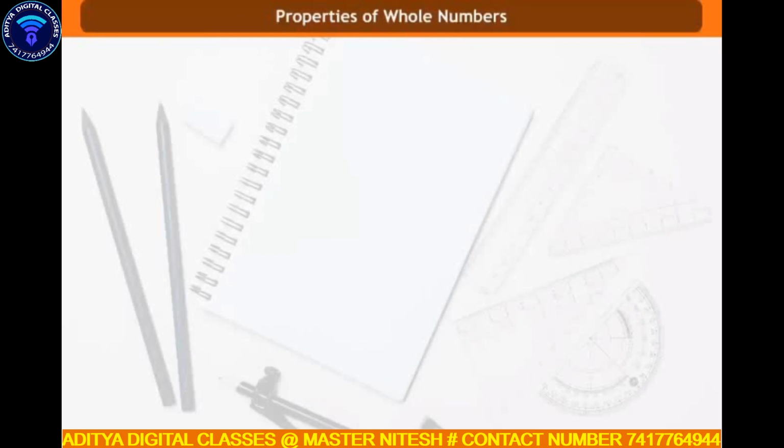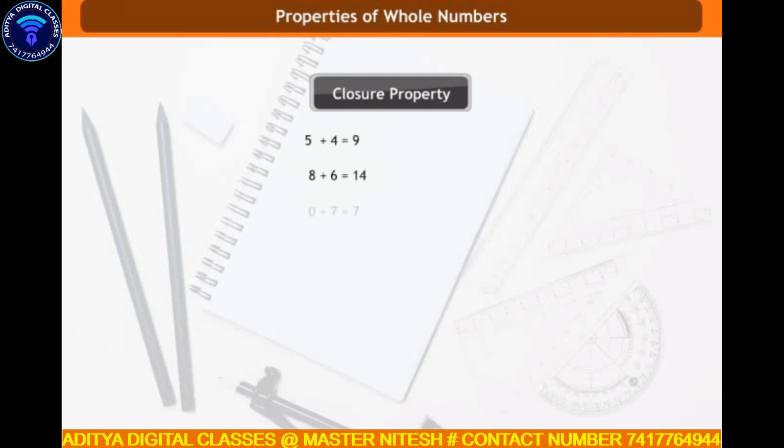Properties of whole numbers. Closure property. We have some properties on whole numbers which enable us to understand whole numbers better and make calculations simple. Let us take any two whole numbers and add them. What did you observe?